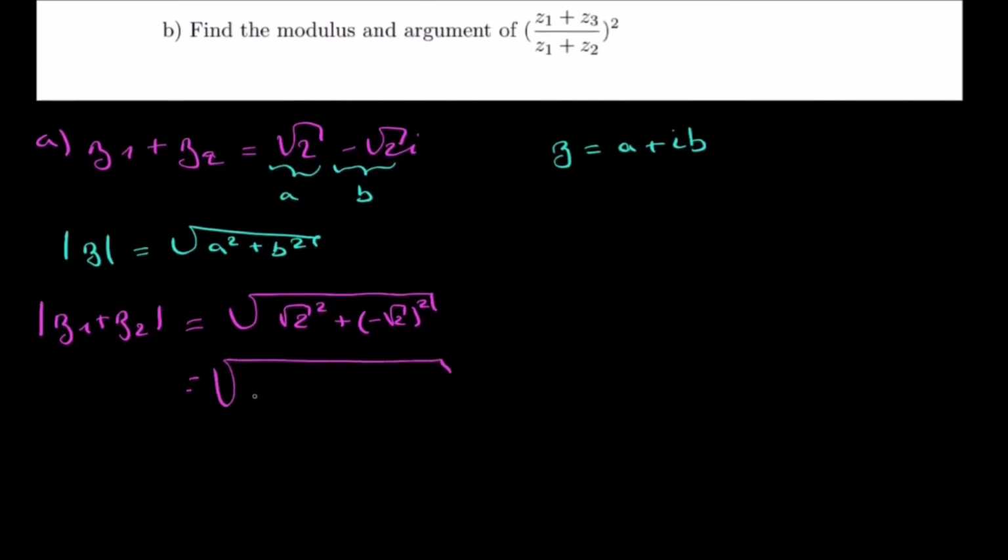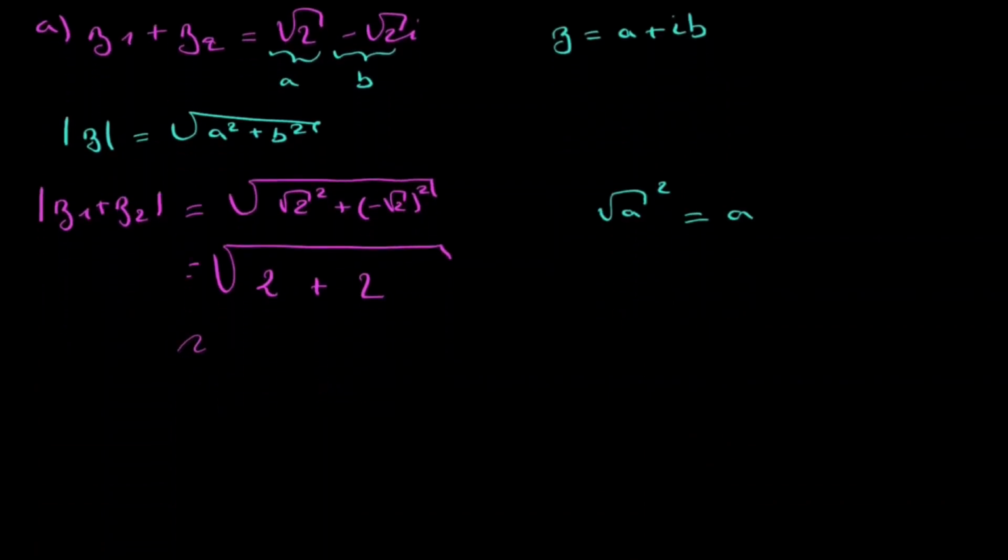This is 2 plus 2 because root square of a equal a. Then we have root 4, which is equal to 2.